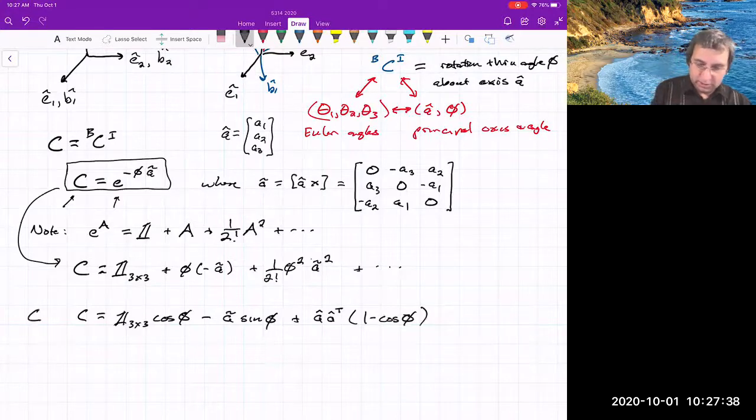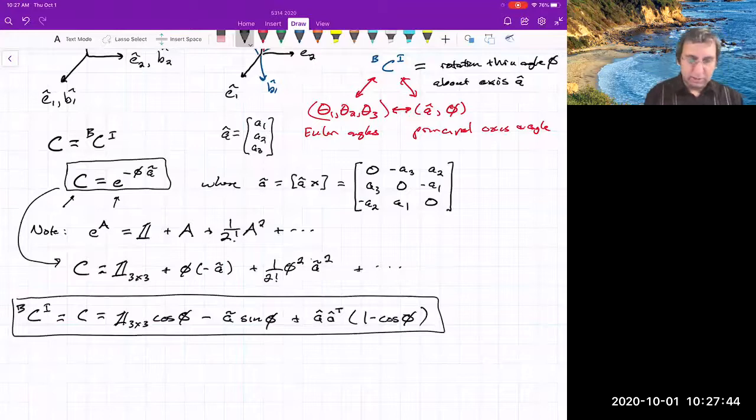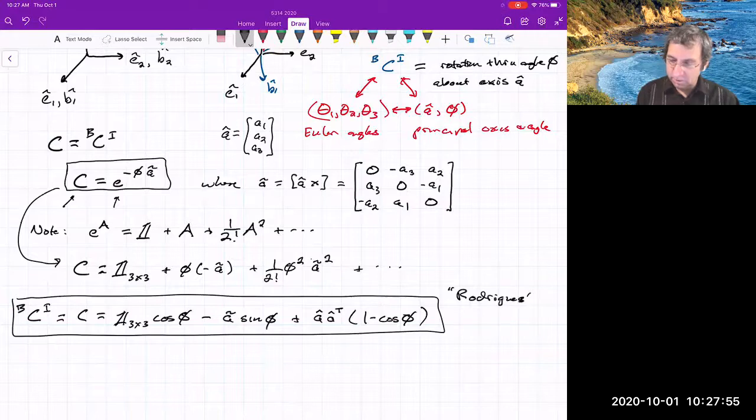This is just a way of writing that matrix, so there's a nice closed form expression for it. This was found by a mathematician named Rodriguez, so this is called the Rodriguez formula.